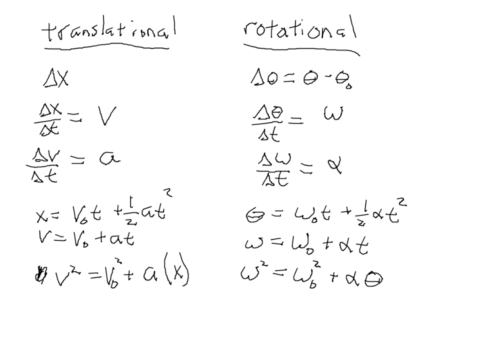Now, the kinematic equations for rotational motion look a little bit more intimidating than the ones for translational motion because they've got the Greek symbols in them. But if you can remember, when it's time to work problems, that you approach rotational kinematics problems in exactly the same way you approach translational kinematic problems, then you won't have any difficulty.